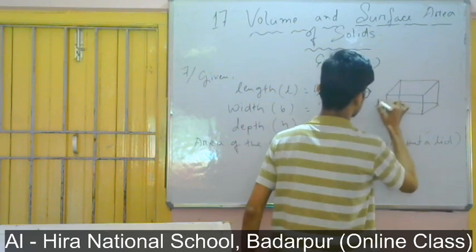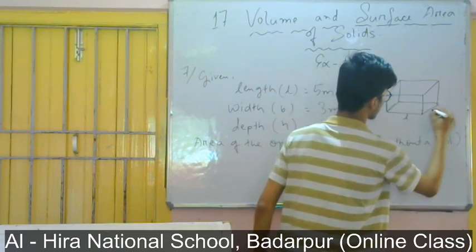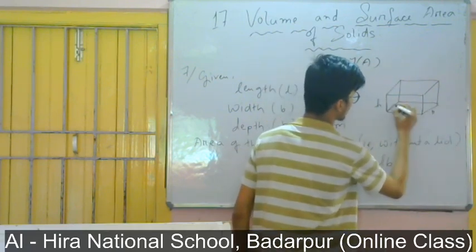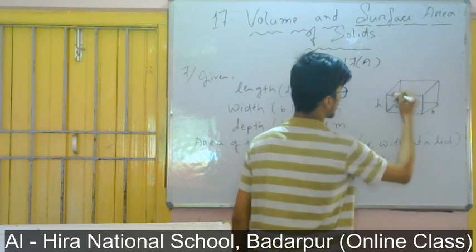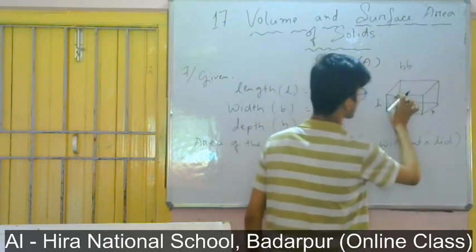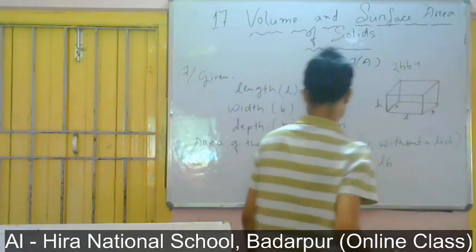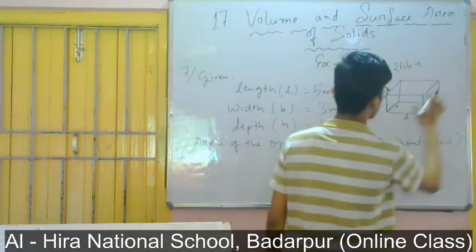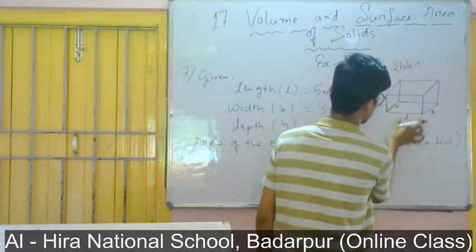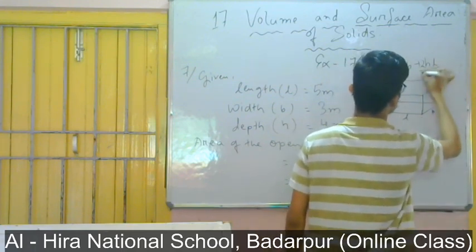This is the height, this one is the length, this is the breadth. So when I will find this one, that means if this one is the breadth, that means this one also breadth. So I am finding the area of this 2 wall, which is equals to HB, and this side also HB, that means 2 HB plus, and when I will find the area of this front side, then this is given as H and this one is given as L, HL, so it will be also 2 HL.